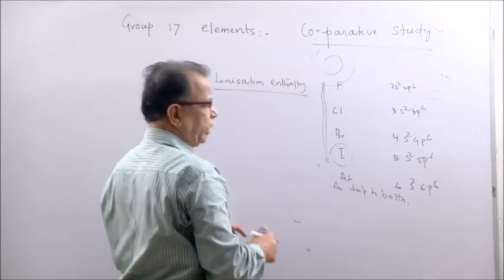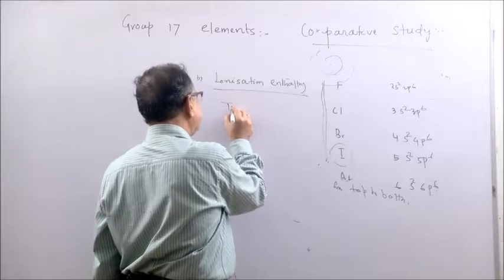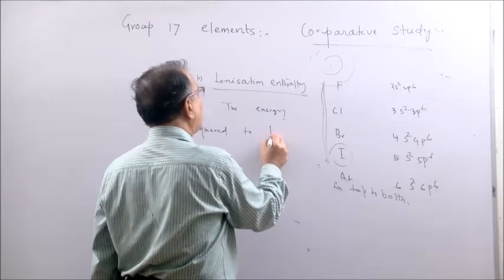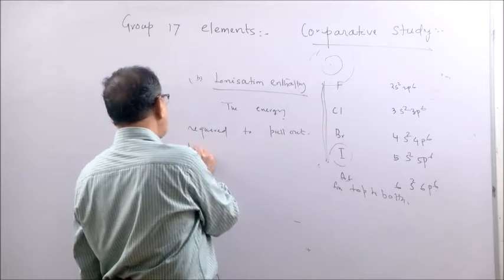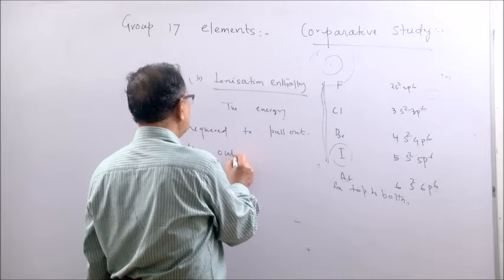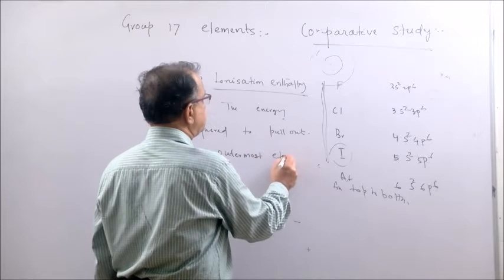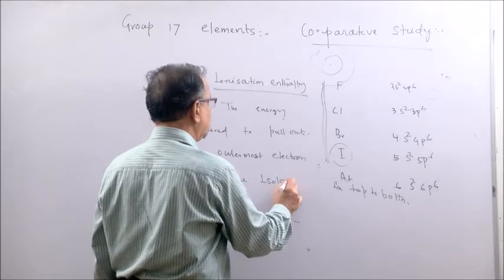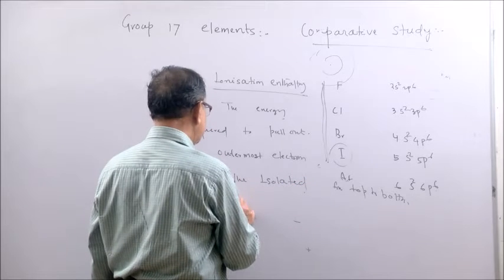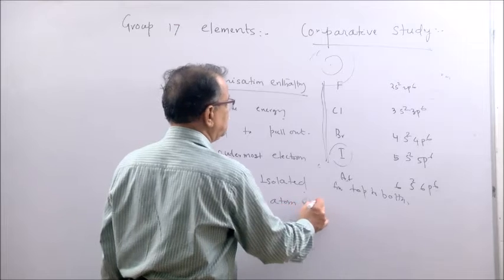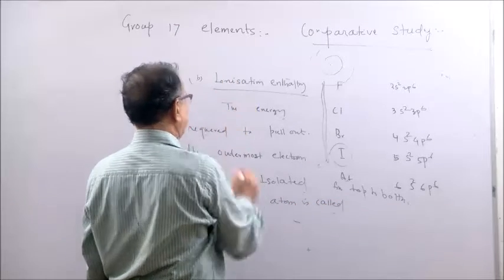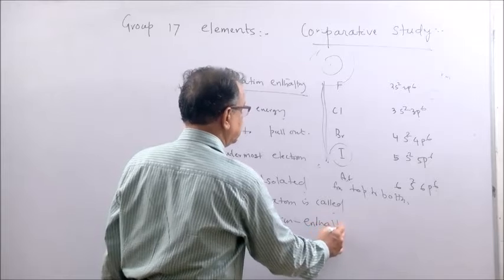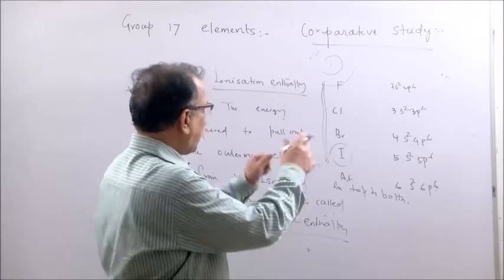The energy required to pull out the outermost electron from an isolated gaseous atom is called ionization enthalpy. You know this from periodic classification. It depends on how the size increases.